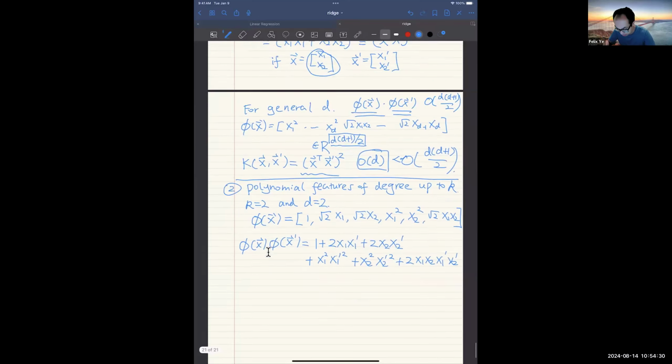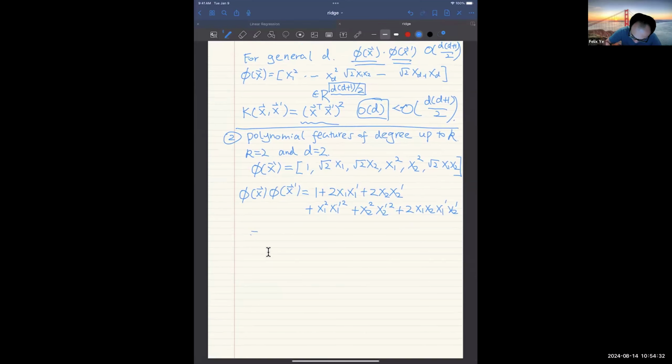Okay, so in fact, you can show this is equal to 1 plus x transpose x prime, squared.